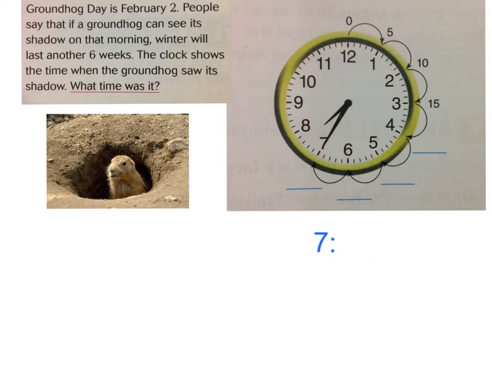Count 0 at the 12. 0, 5, 10, 15, 20, 25, 30, 35. So the groundhog saw its shadow at 7:35.